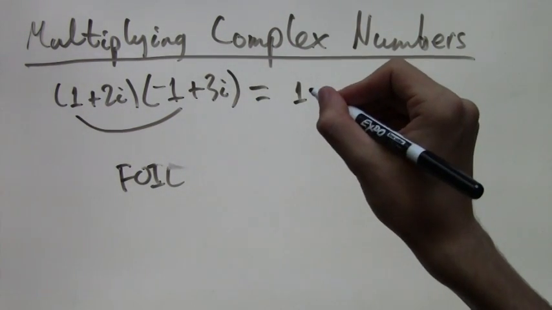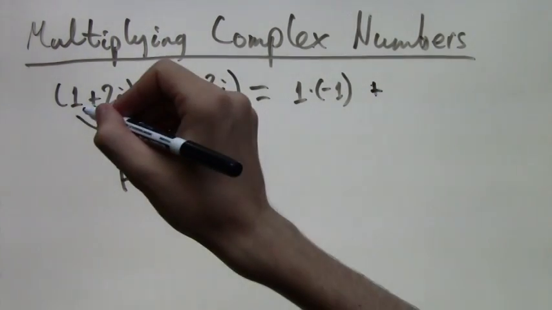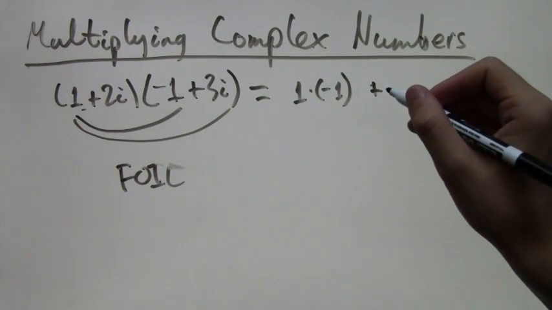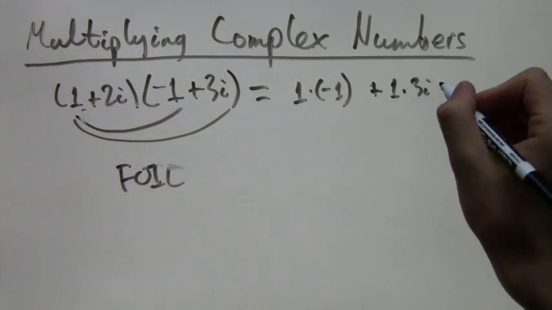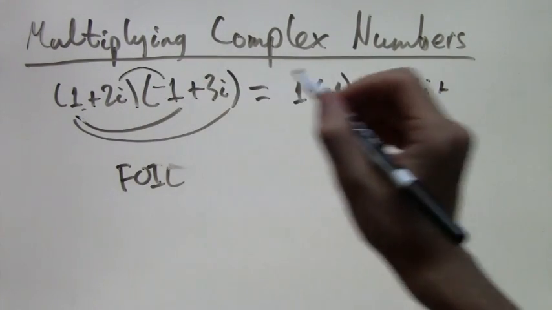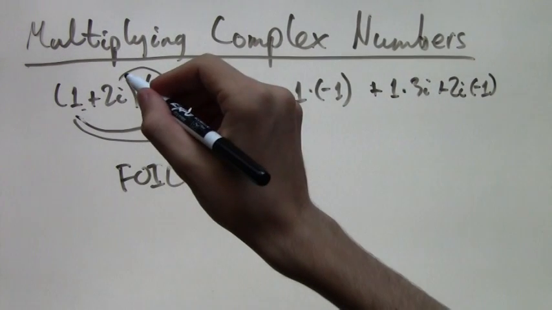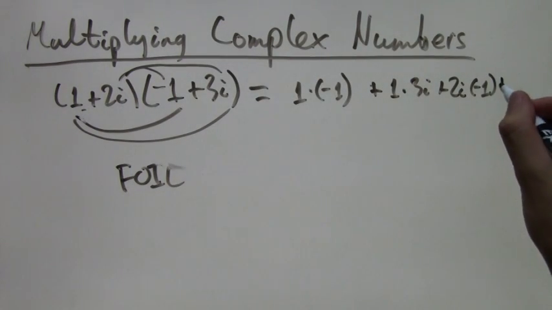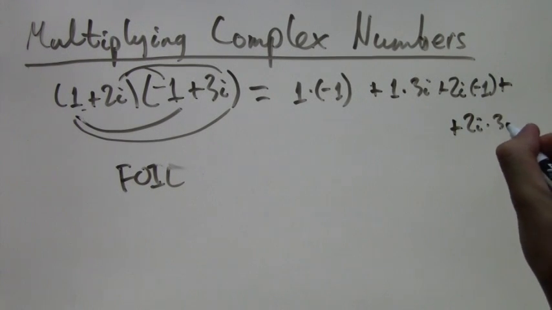So first we have 1 times -1. Those are the first terms. Then the outer terms, 1 and 3i. So we get 1 times 3i plus inner terms, 2i times -1. And then the last terms, that's 2i times 3i.